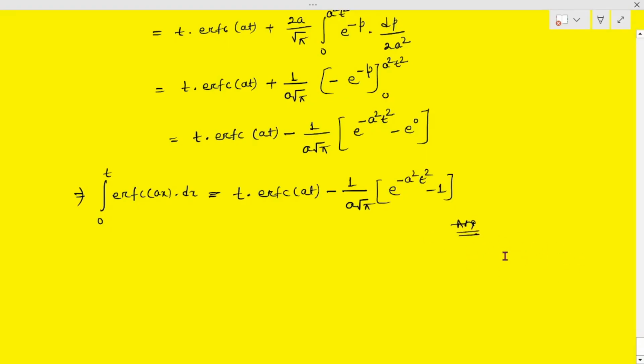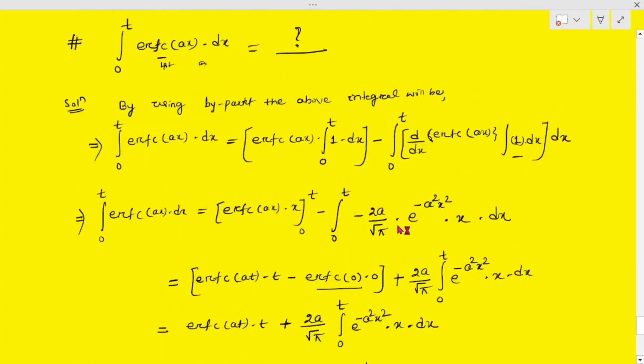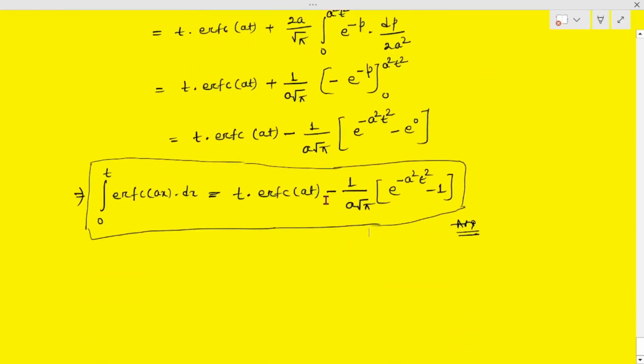Now if I compare this with the integration of the error function ax dx, both are the same, but here there is a plus sign and here a minus sign.